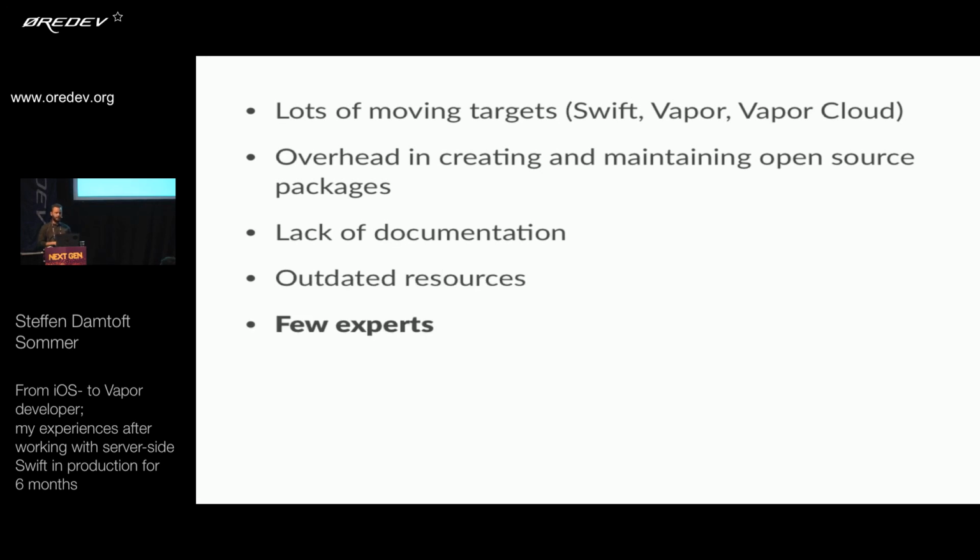Since the community has been small, there have been few experts, so fewer people to talk to and ask about the problems you might face. I think in Weber 1 we saw a lot of boilerplate. That adds to the annoyance, but also it just takes more time to build, basically.